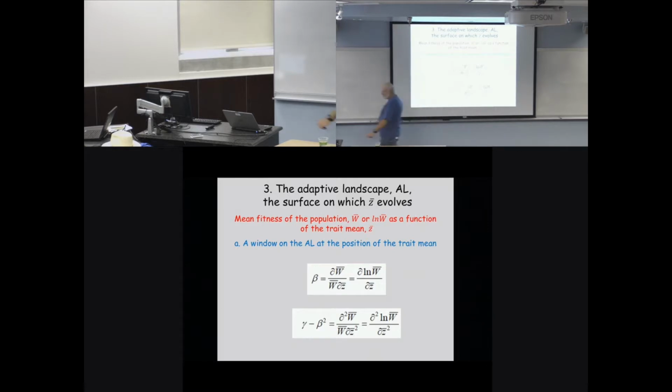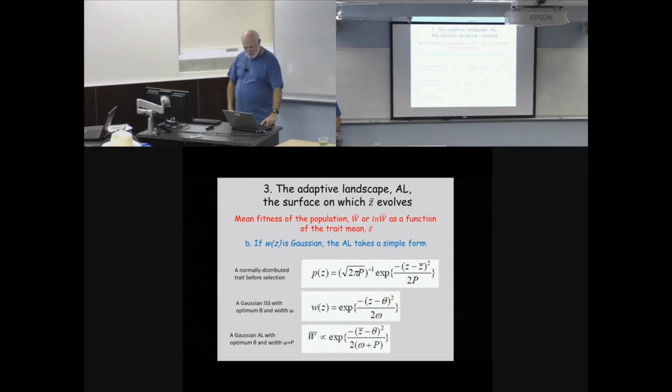Okay, let's see. I can't remember if I... Oh yes, okay, so this is where I was hoping we'd go. If we're doing modeling and conceptual work, our window gets much bigger on the adaptive landscape if we assume that the individual selection surface is Gaussian, shaped like a normal distribution.